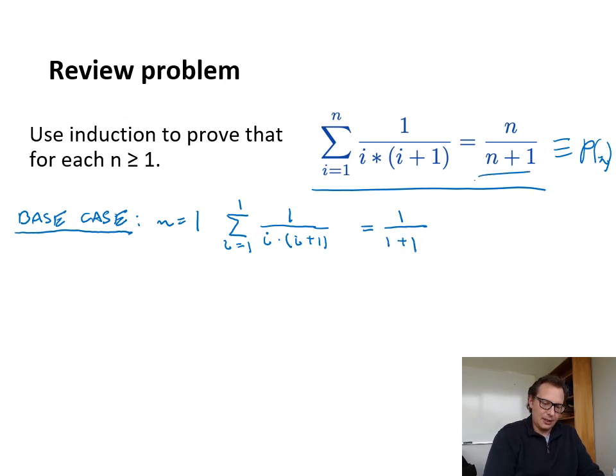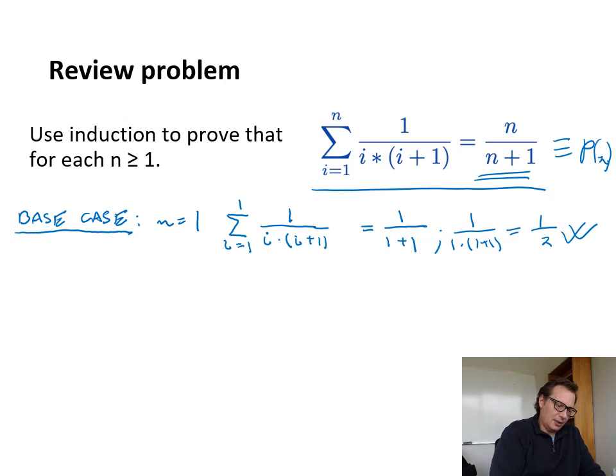So that's the right-hand side. On the left we have 1 over 1 times (1+1), which has to be equal to 1 over 2, and that is indeed the case. So we proved our base case.